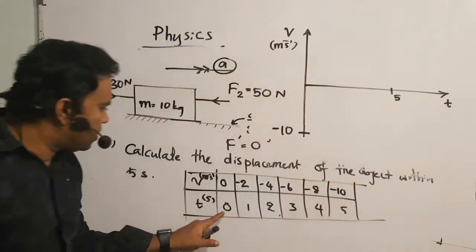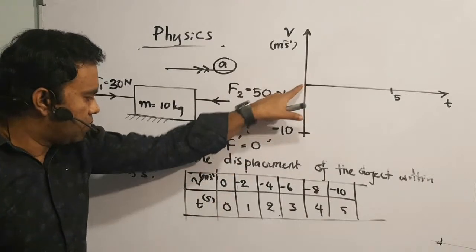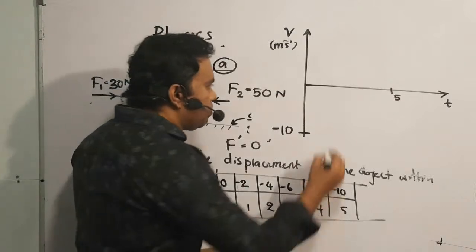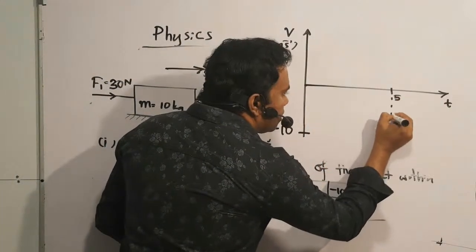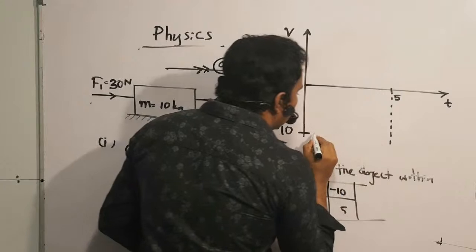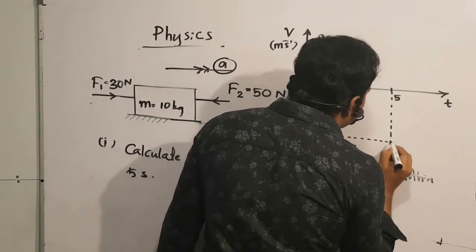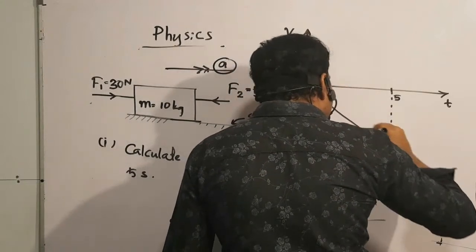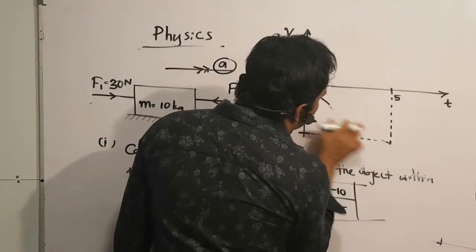Initially, the 0th second velocity is 0. The first second, minus 2. Likewise, in the fifth second of duration, what happens to the object's motion? It's like this.